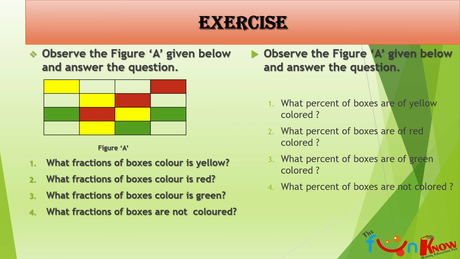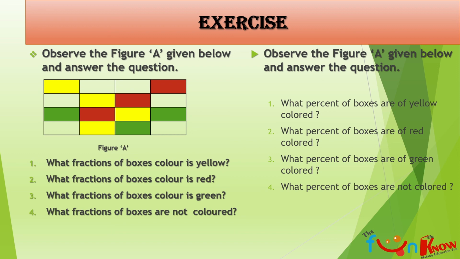Okay. The second one is, how many red color boxes are there? Red colors are also 3. So what you will do, 3 by 16 into 1 upon 100. Why are you multiplying? Actually you have to divide by 100, but here what we are doing is taking the reciprocal of 100. That means removing the divide sign, we are putting a multiply sign, and because we are putting a multiply sign, we will put 1 upon 100.